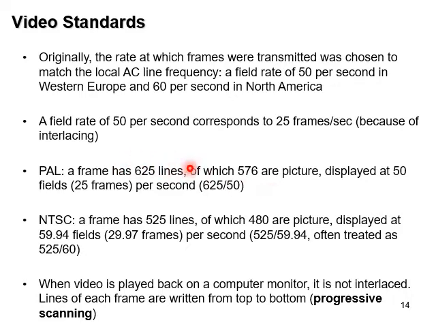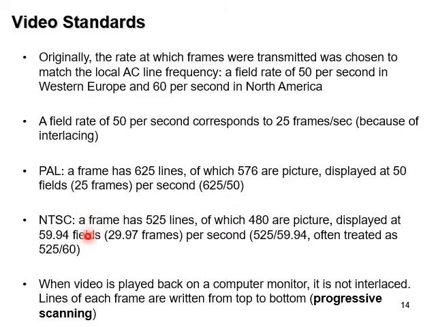The remaining lines, 625 minus 576, hold some header information about the content being transmitted. These are displayed at 50 fields, corresponding to 25 frames per second. That's why it's written in short as 625 divided by 50.